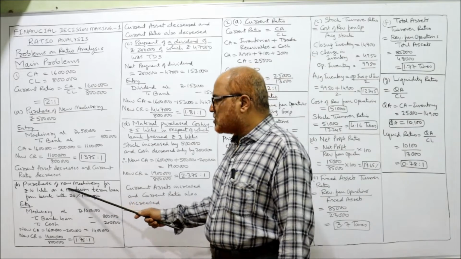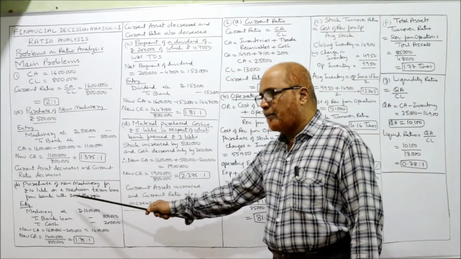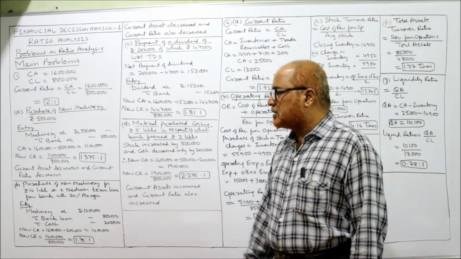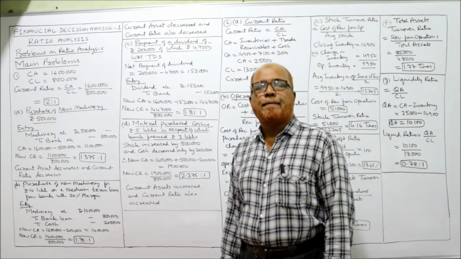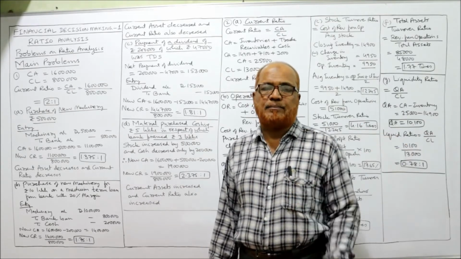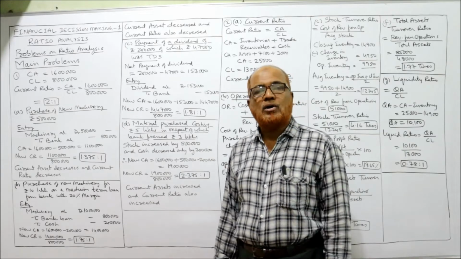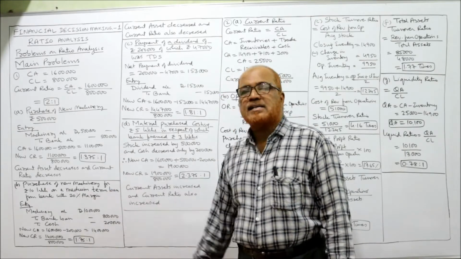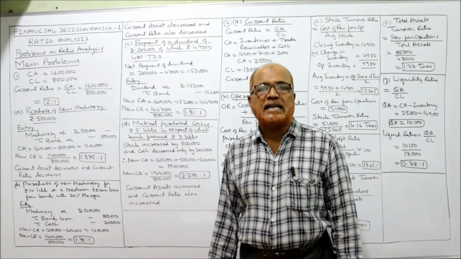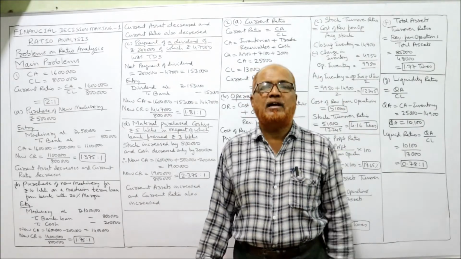Second point: purchase of new machinery for 10 lakh on a medium term loan from the bank with 20% margin. That means we are purchasing machinery for 10 lakh, but the bank is financing up to 80% of the cost. 80% of 10 lakh is 8 lakh, so 8 lakh rupees will be financed by the bank as a medium term loan.